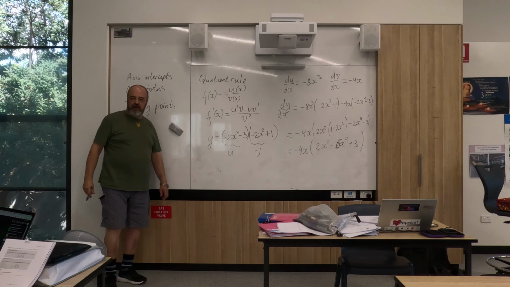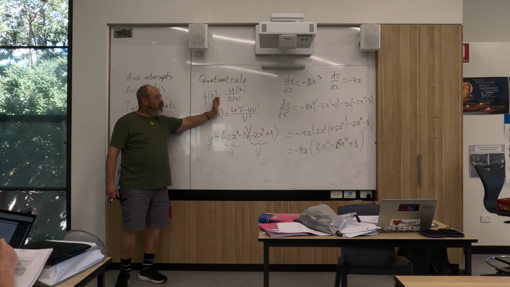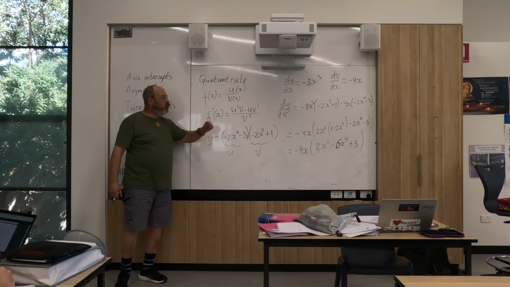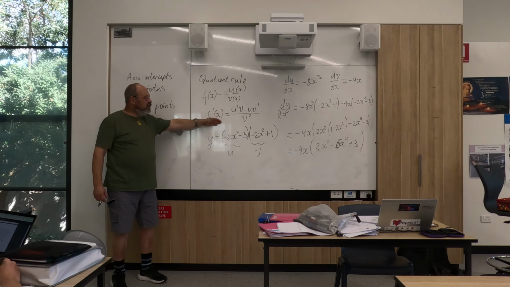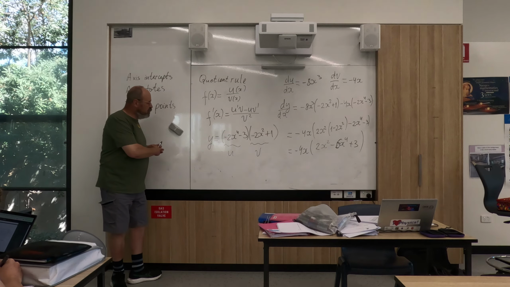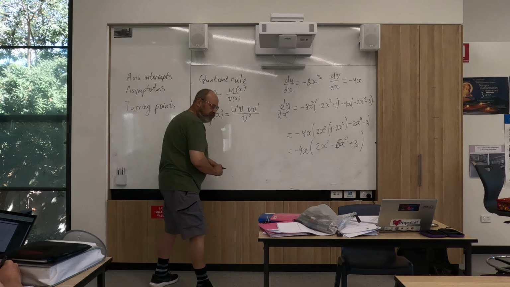That is the quotient rule of differentiation. When our function is a quotient of two functions, then the derivative is u dash v minus u v dash over v squared. So let's consider an example.